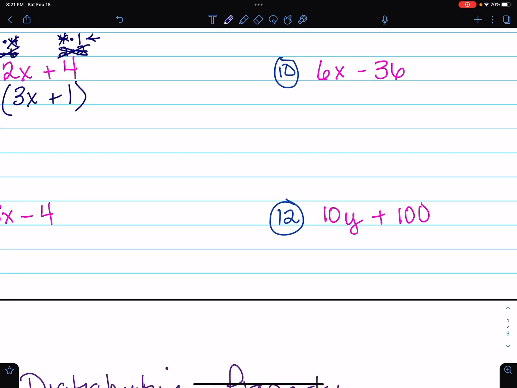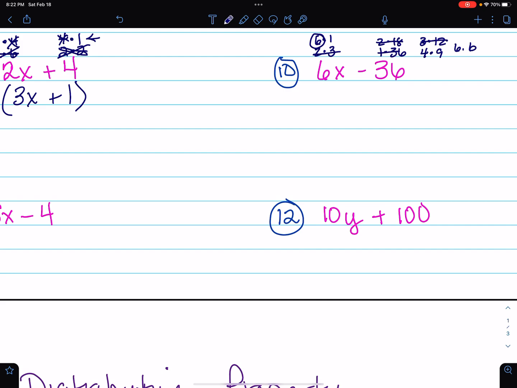Number 10, listing my factors: 2 times 3, 6 times 1. Listing my factors: 1 times 36, 2 times 18, 3 times 12, 4 times 9, and 6 times 6. Looks like my biggest would be 6 times 6.